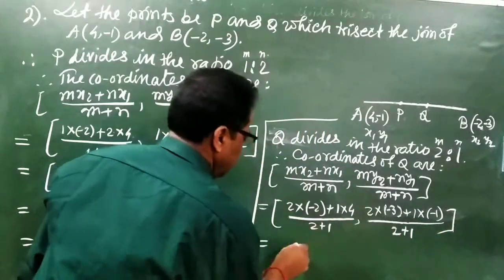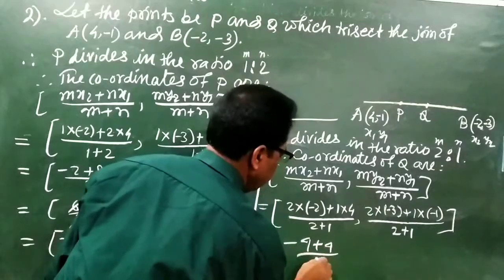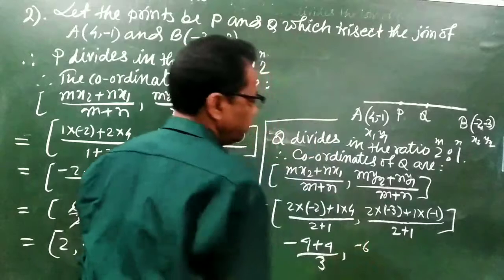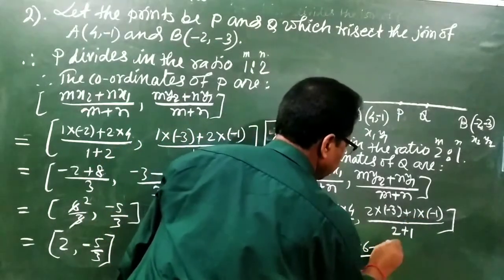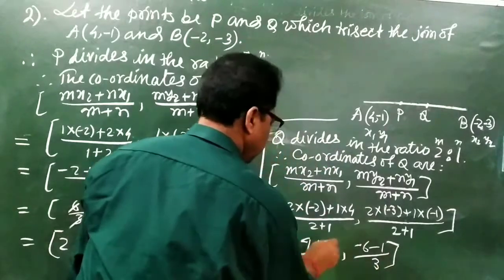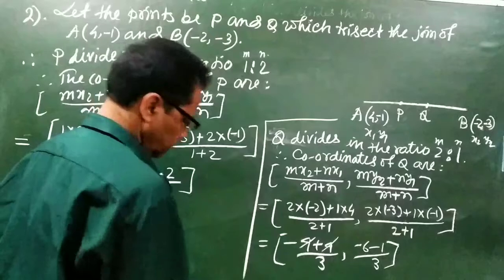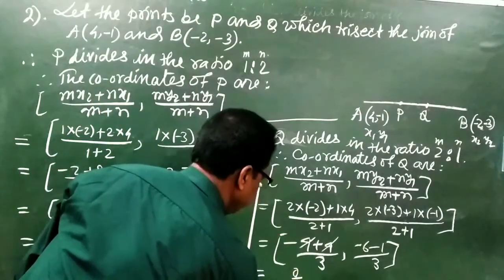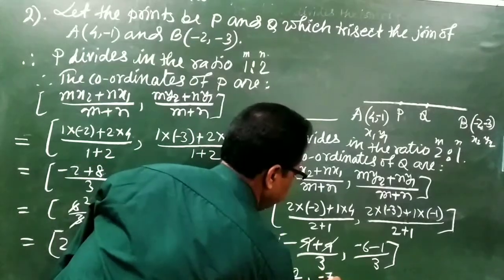Then minus 2 twos is -4, plus 4 divided by 3, this is -6, plus 1 into -1, divided by 3. Plus 4 minus 4 cancel, getting 0 by 3, and -7 by 3.